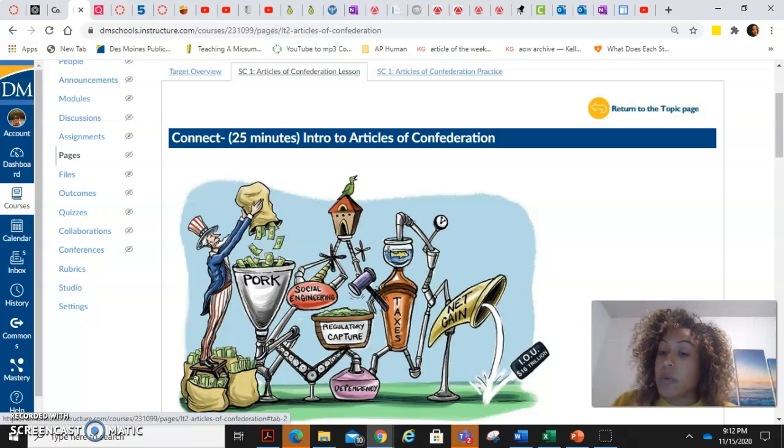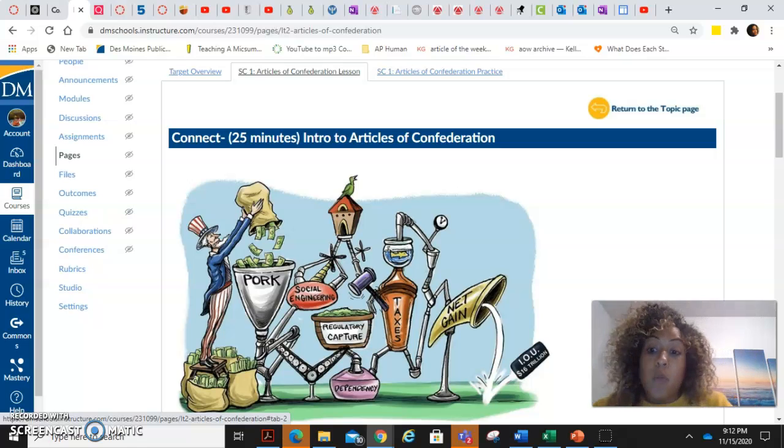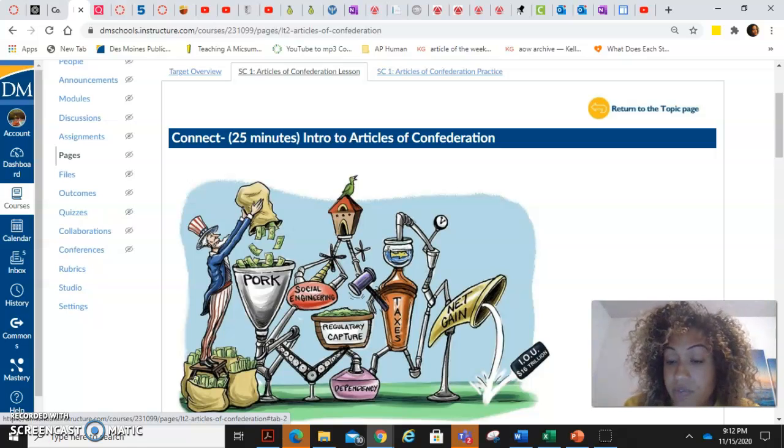I'm going to read aloud a reading about the Articles of Confederation that just provides some basic knowledge. We're going to watch a video together, and as I read and as you watch the videos, you are going to be taking notes about what were the big problems with the Articles of Confederation and what were some of the consequences of those flaws.